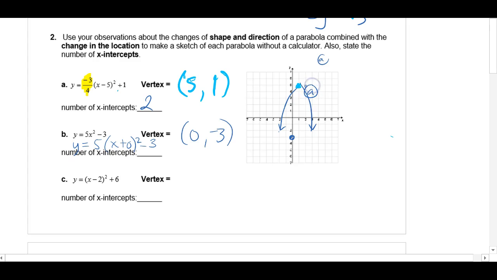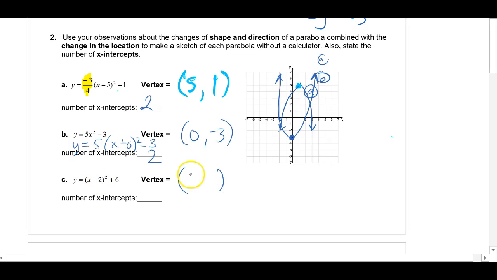Forgot this was A. Let's label that A, so remember that. And 5 is positive, so that means we're going to be going up. Up. Okay, and if we're going up, that means we're going to cross the x-axis twice, here and here, so we have 2 x-intercepts.